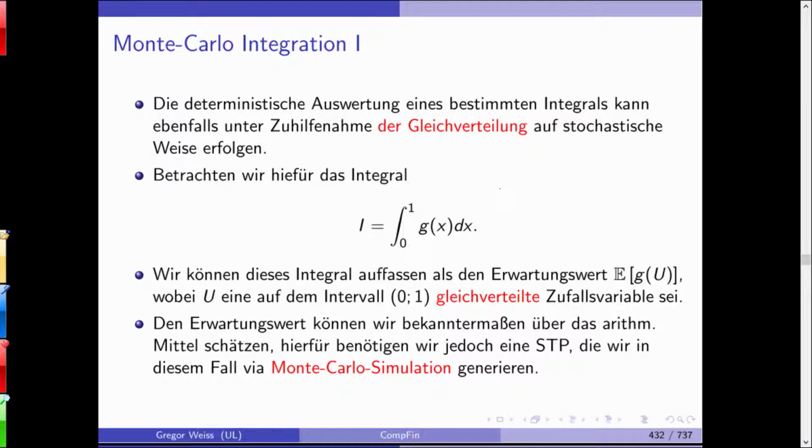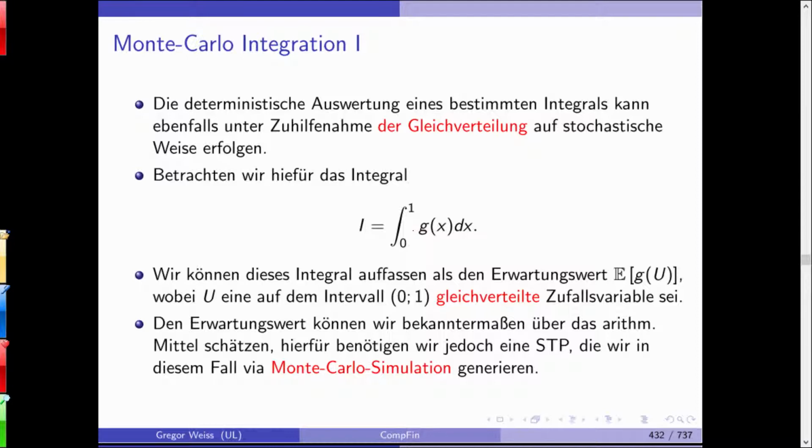Now we can also do Monte-Carlo integration. This is quite interesting, actually. We are now assuming we want to approximate this integral of a function g from 0 to 1. We can actually interpret this integral not just as an integral, but as an expected value.